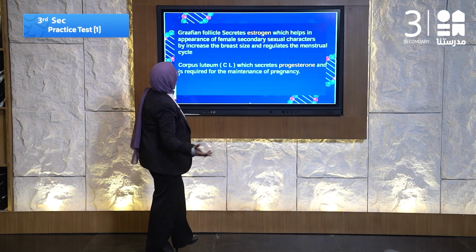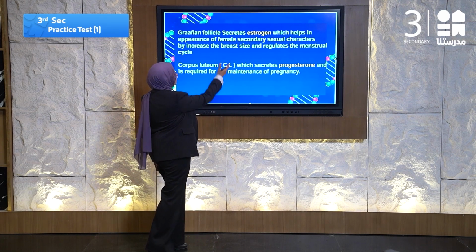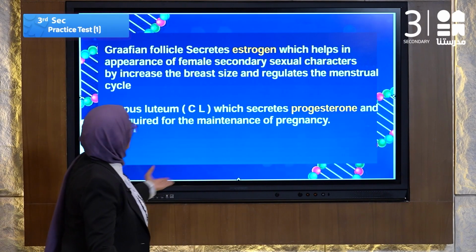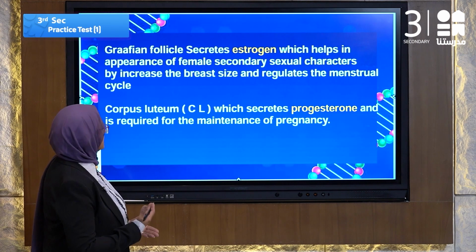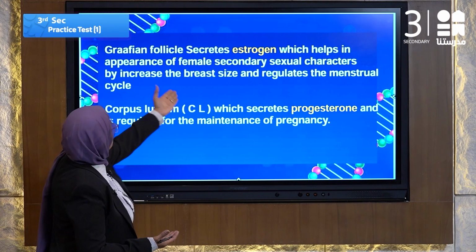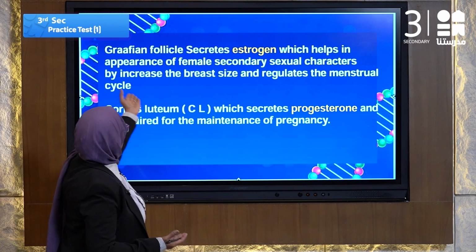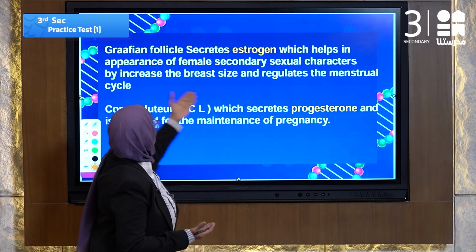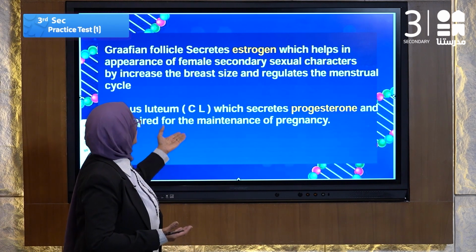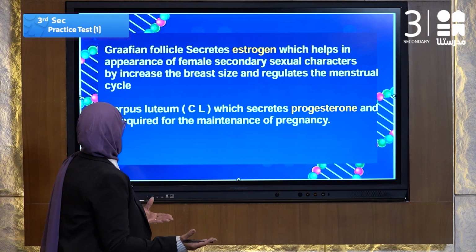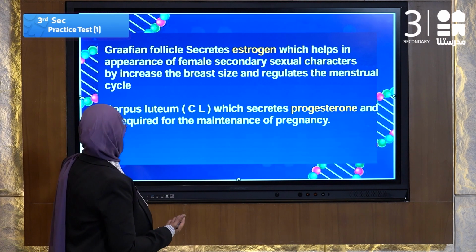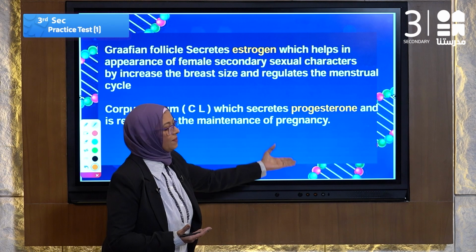Let's go to the hormones. The first one is estrogen. The second one is progesterone. Which of them is responsible for the secondary sexual characters? The first one, estrogen, increases the breast size and regulates the menstrual cycle. The corpus luteum secretes progesterone, which is required for the maintenance of pregnancy.